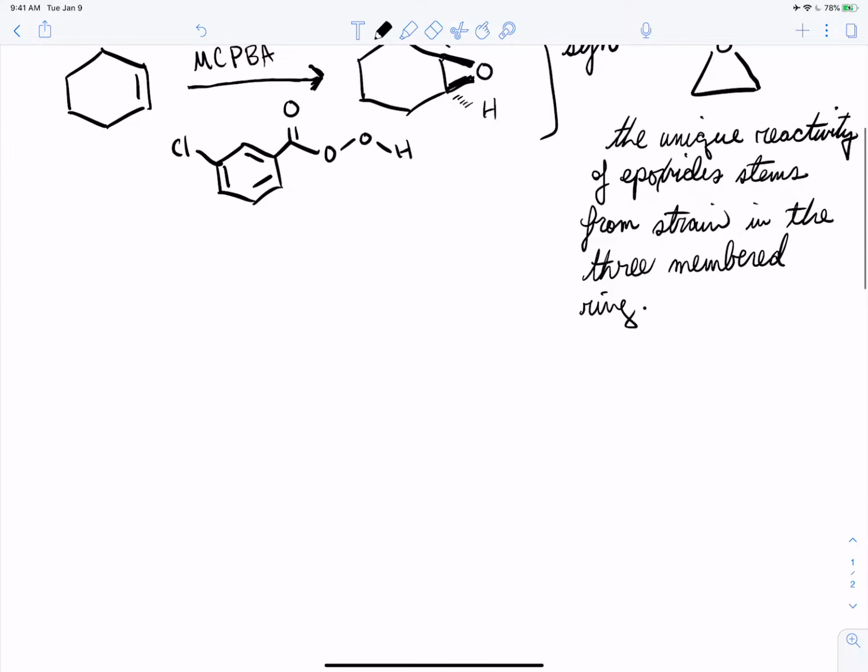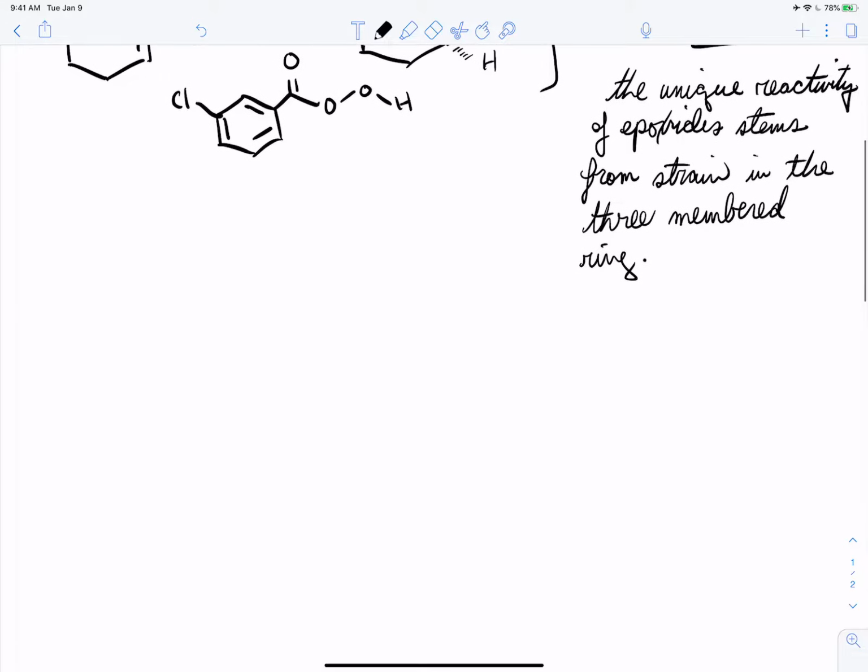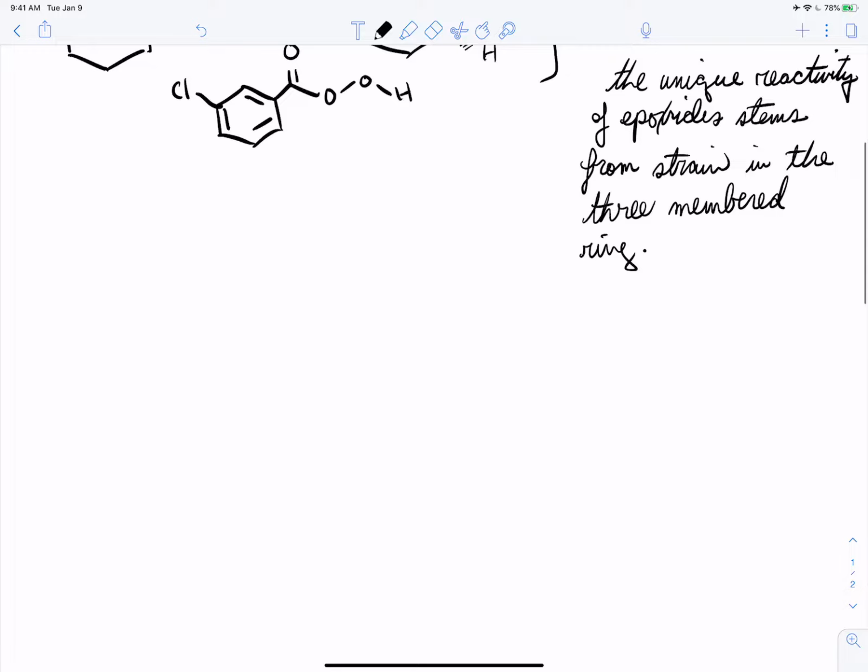Okay. So the other way you can make epoxides is to start with a halohydrin, or an alpha hydroxy halide, whatever you want to call this thing.